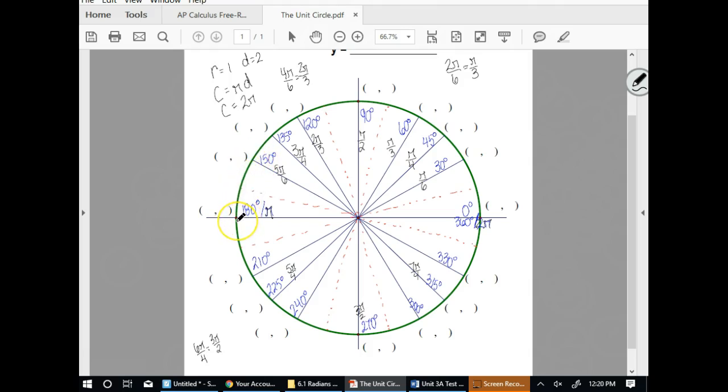Another 30 degrees would be 6 pi over 6, but that reduces to pi. Another 30 is going to be 7 pi over 6. Another 30 degrees would be 8 pi over 6, but 8 pi over 6 reduces to 4 pi over 3.